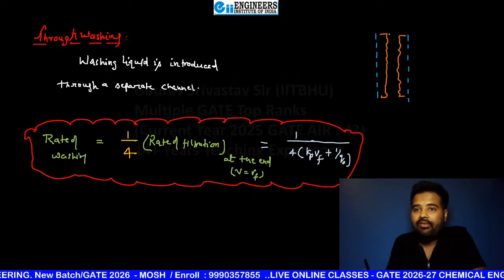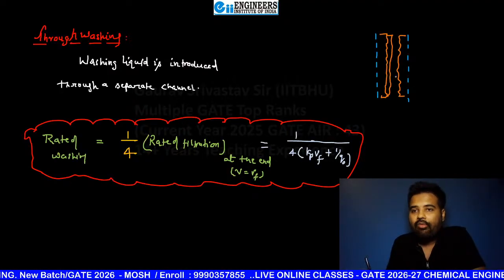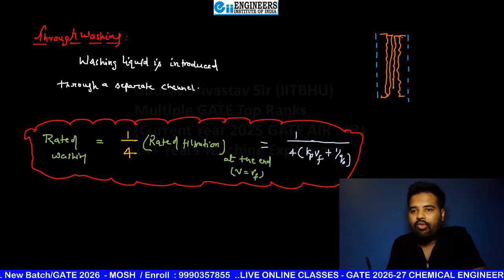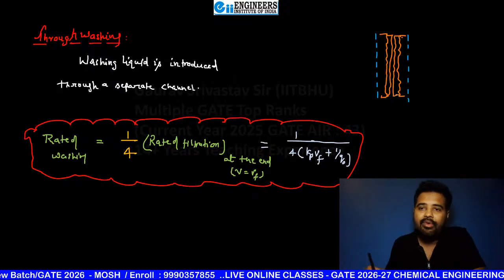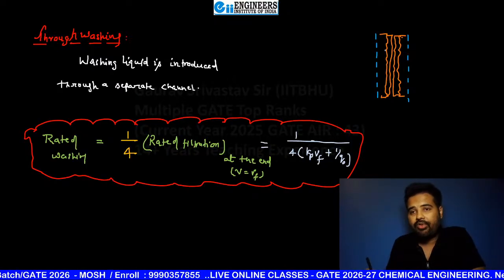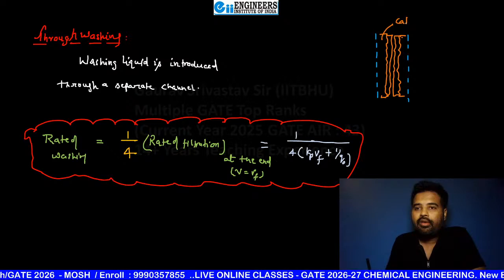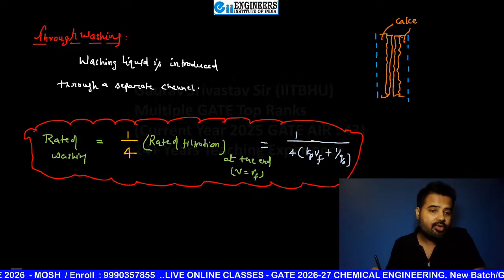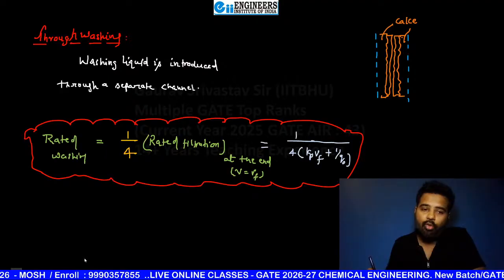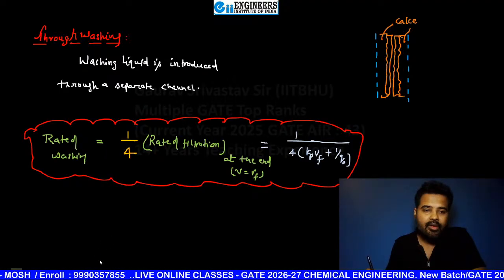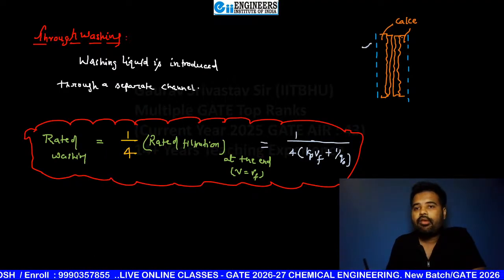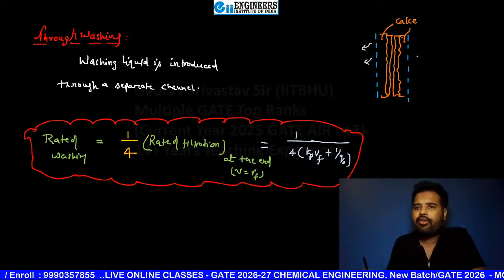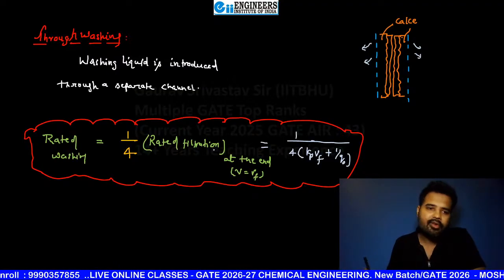Simultaneously on both sides cakes are formed, and one time will come when they are going to touch each other, jammed. Okay, it is not jammed. So this is your cake. Simultaneously it is going to form on both sides, and from here you are getting filtrate. Very good.